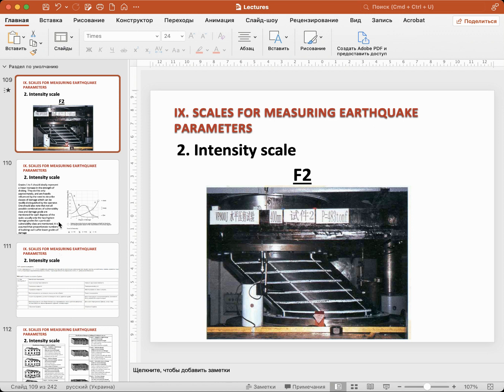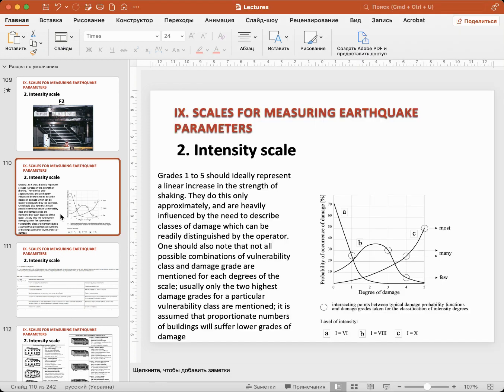So the next important point for our lecture: when we are discussing the level, or degree, of damage, from 0, no damage, to 5, complete destruction, we have to admit that during various earthquakes the behavior of buildings is various.